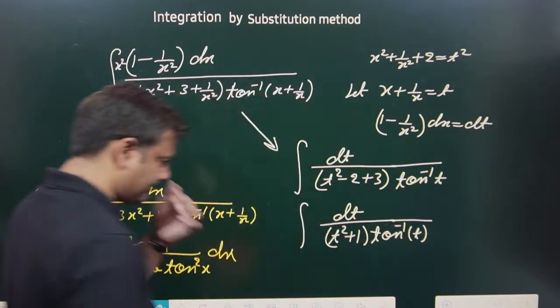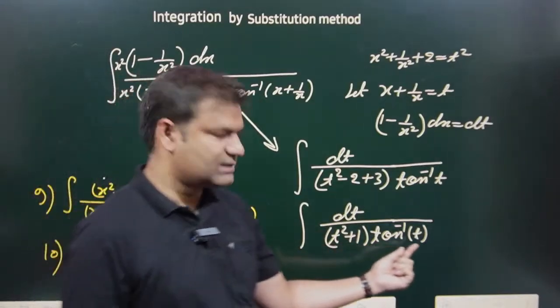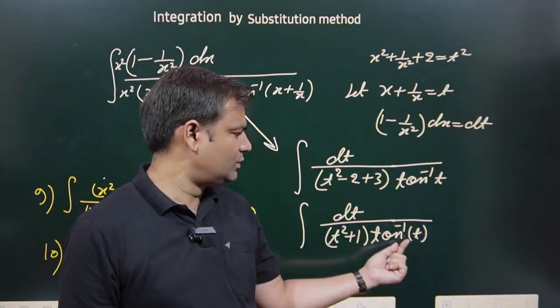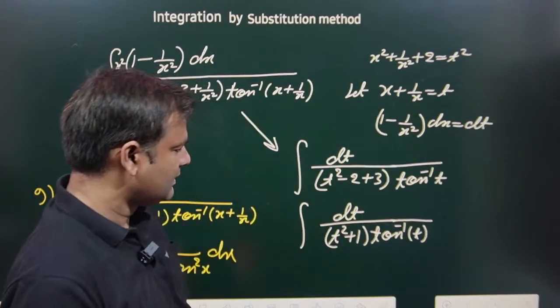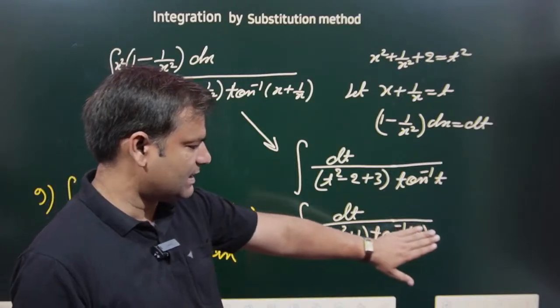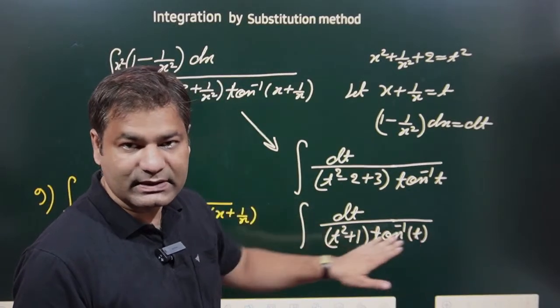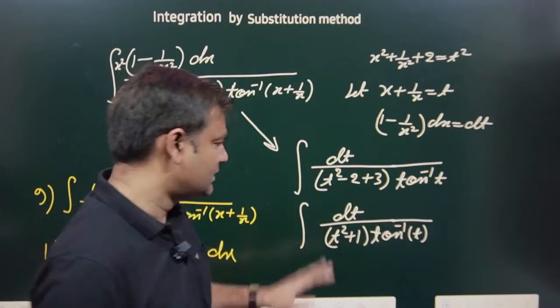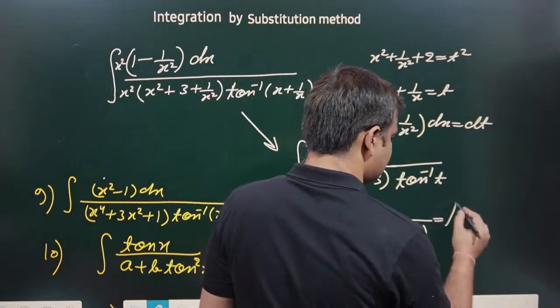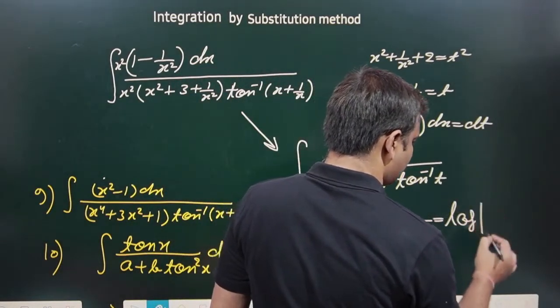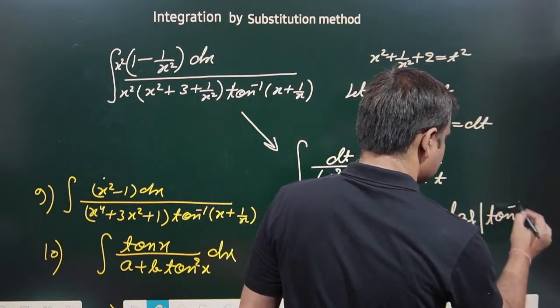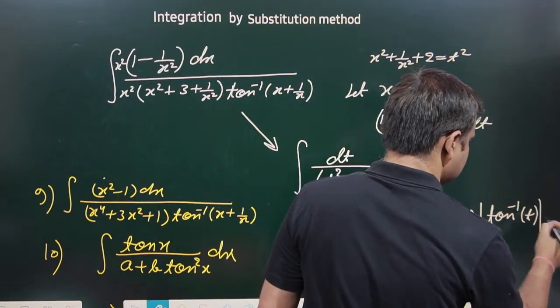Look again, if this is taken as u, basically if this is f of x, then this is f prime x. So you can say that it is log of modulus of tan inverse t plus c.